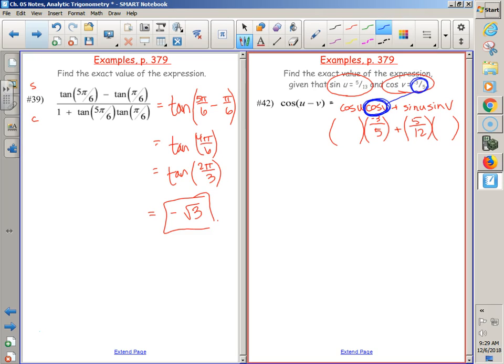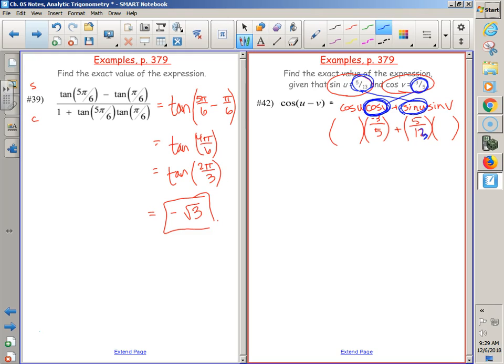Negative 3/5 in. I know it's basic, but oh, so many mistakes happen when they just keep on writing the cosines over and over and over. Stop. Cosine v out. Negative 3/5 in. Sine of u out. The sub has to come out of the game for the game to continue, for the new person to come in. Sine of u out. 5/13 in.